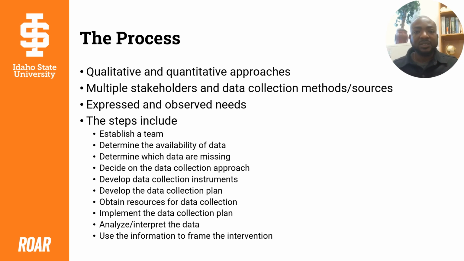Using human subjects in a community assessment may require that the team has its proposal reviewed by an institutional review board. Usually these boards are found in universities and other research organizations, and sometimes they are called ethics committees.